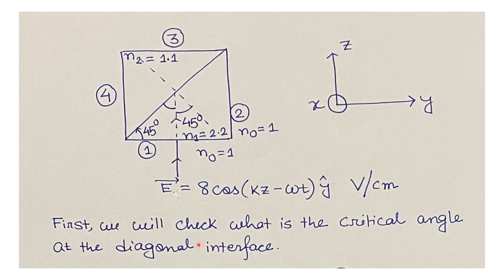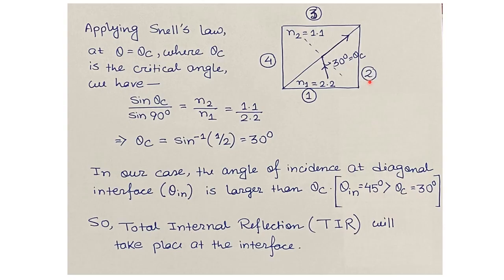Hence, we'll first check what the critical angle at the diagonal interface is. In case of total internal reflection from an interface, if the EM wave is incident on the interface at an angle equal to the critical angle theta c, then after reflection, the EM wave will travel along this interface, so the reflection angle is 90 degrees.